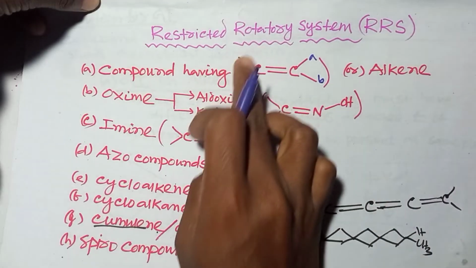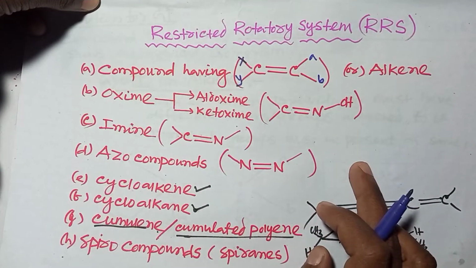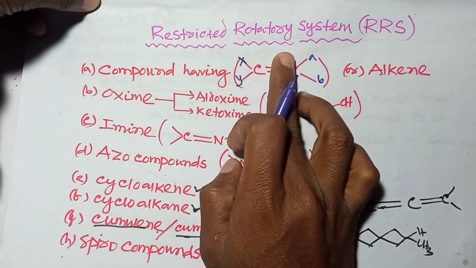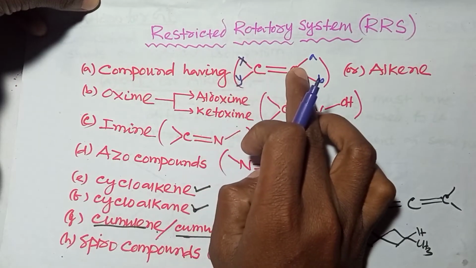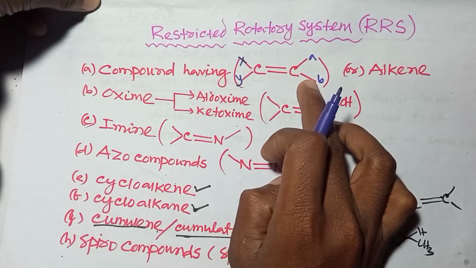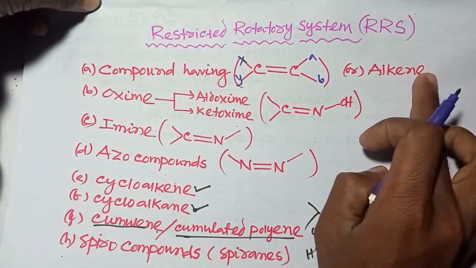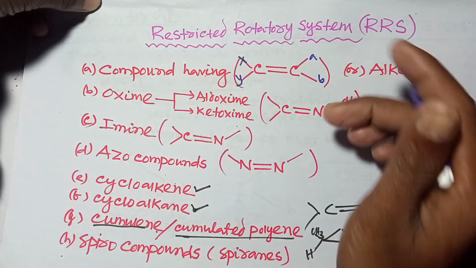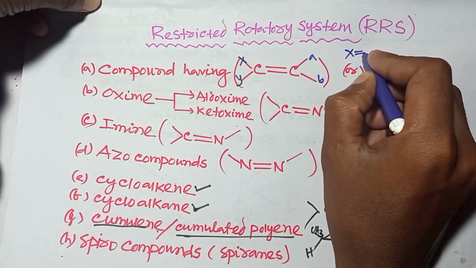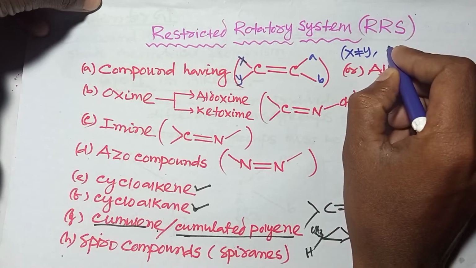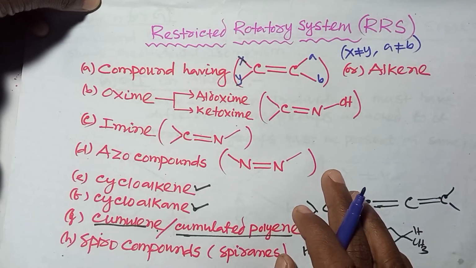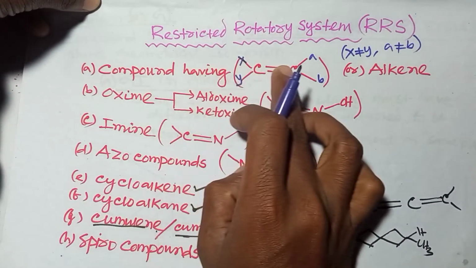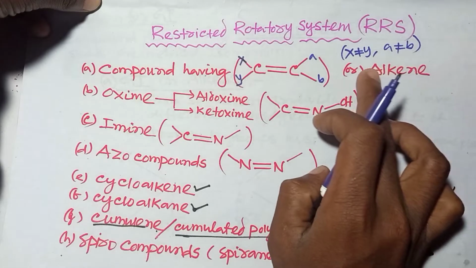This kind of system shows geometrical isomerism when this carbon is attached to two different groups and this carbon is also attached to two different groups. That means an alkene shows geometrical isomerism when X is not equal to Y and A is not equal to B. So this is one restricted rotatory system, that means the alkene.